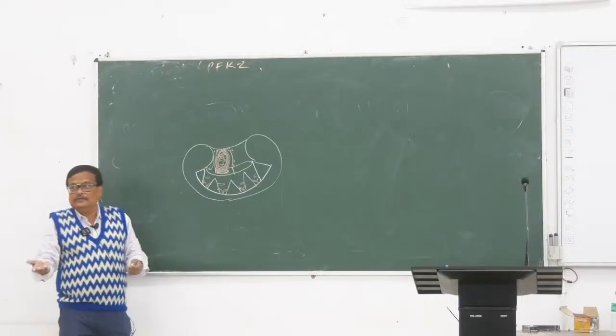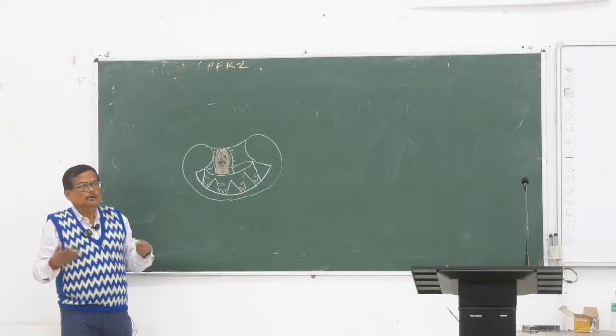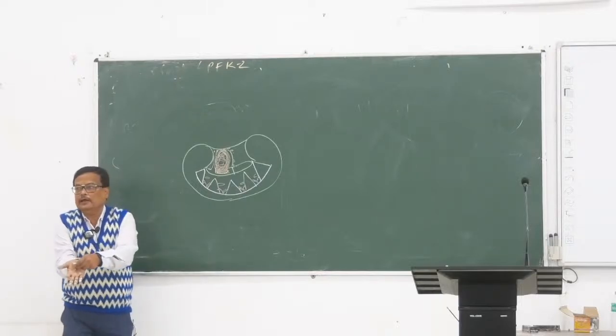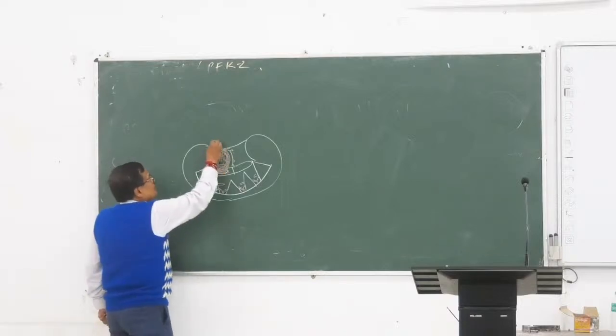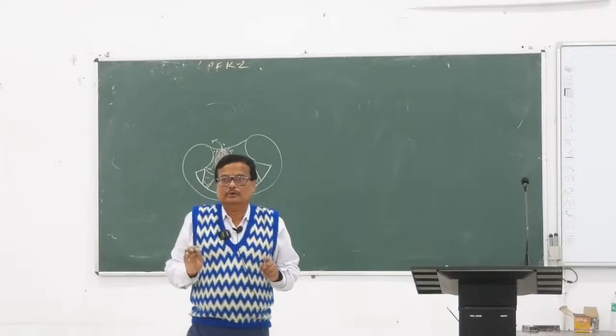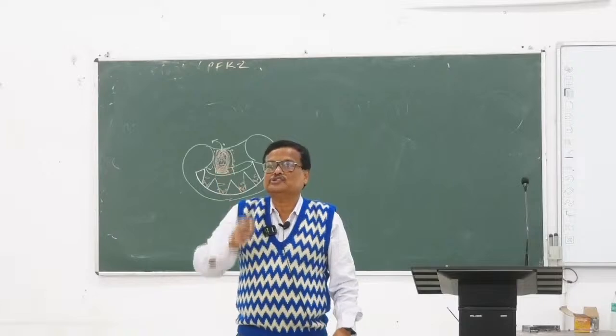As a new doctor, the tendency is that there is a swelling, so I will incise this and the pus will drain out. Yes, it will drain out, but as I have already told you, there is a chance of contracture.